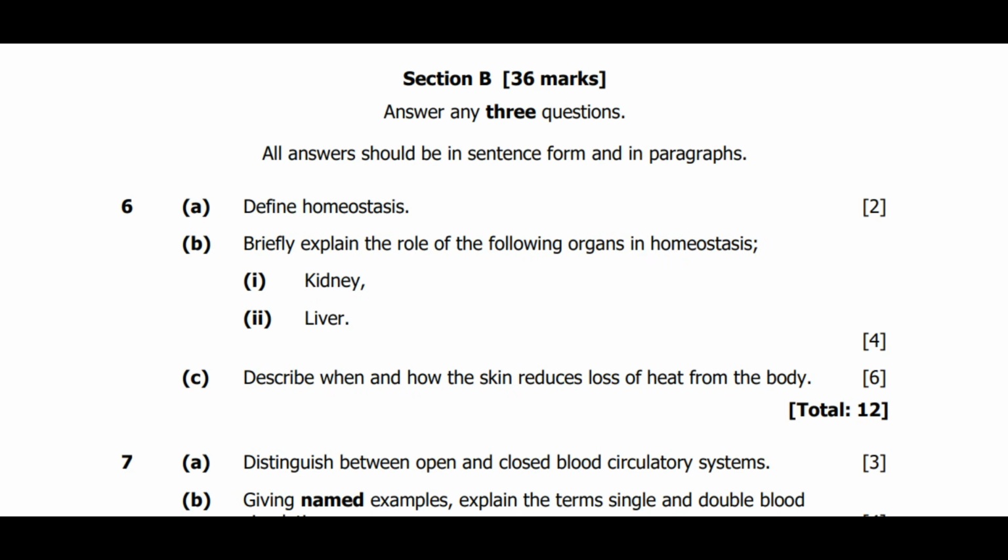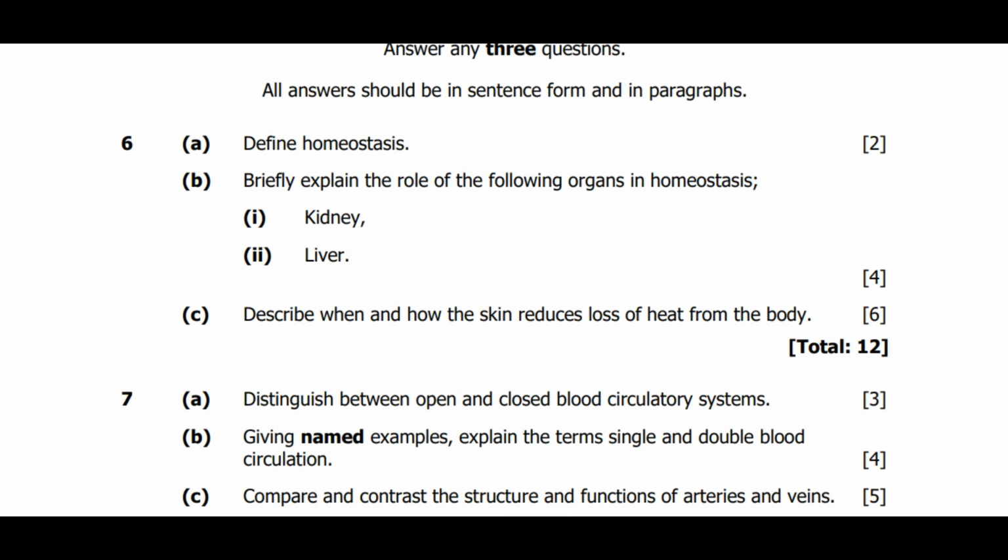Now for section B, we'll do the same. We'll just have a discussion. Then from those discussions, you can create your own paragraphs or notes. Now the first one is, how can we define homeostasis? What do you think homeostasis is?